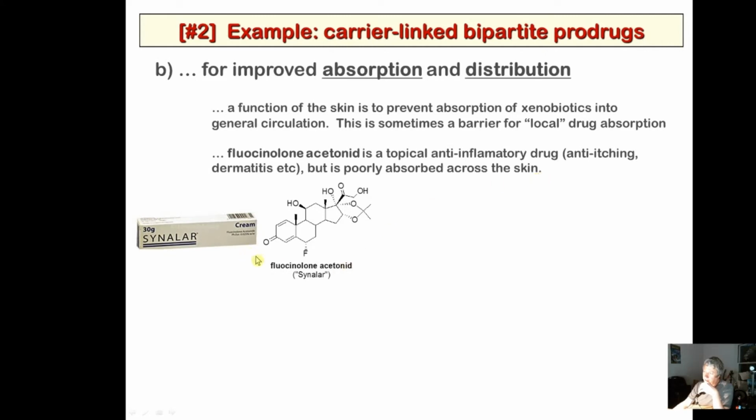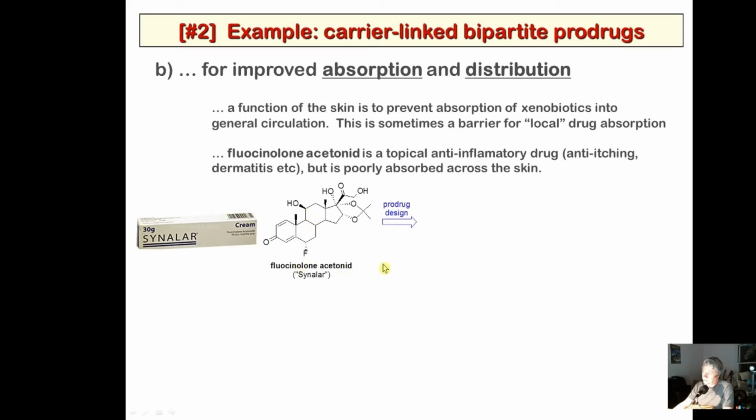So this is fluocinolone acetonide. The acetonide part is this, which is an acetonide functional group or a ketal. Anyway, it's just another steroid. It's also called Synalar as a cream, but prodrug strategies can improve its ability to go through the skin.